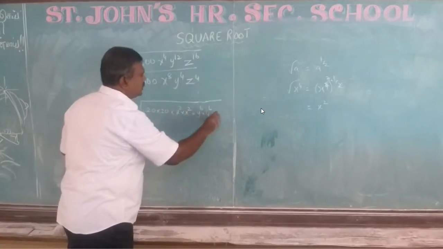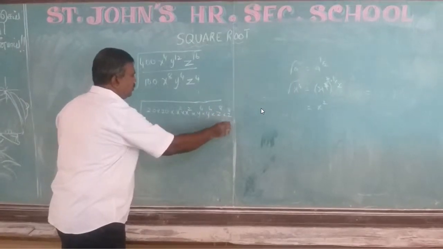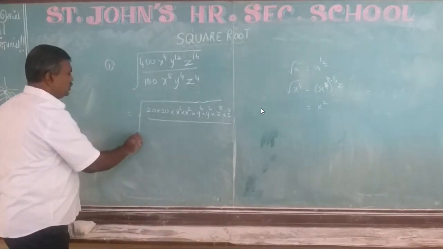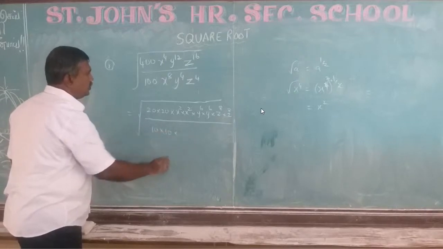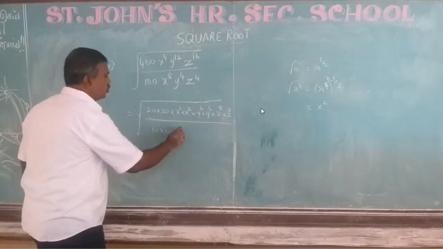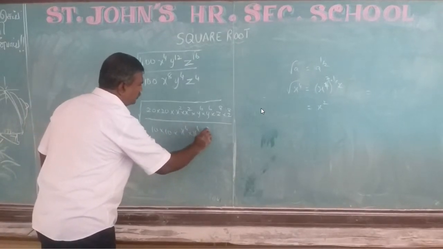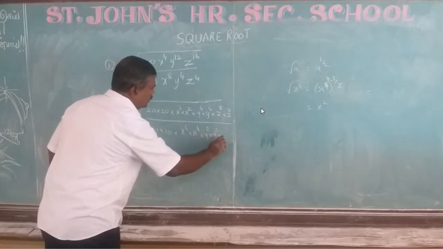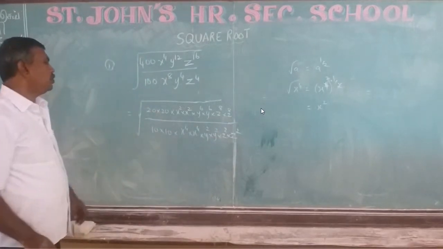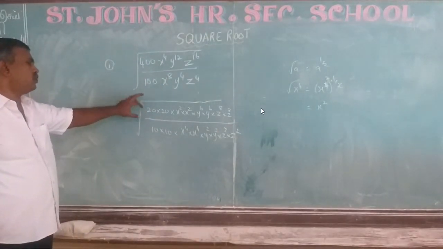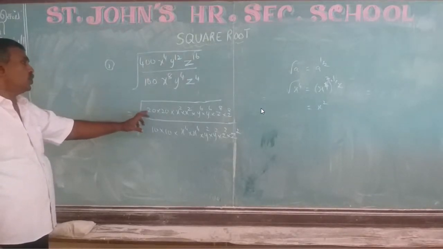Z power 16 is z power 8 into z power 8 divided by 100. 100 is 10 into 10. X power 8, x power 4 into x power 4 into y squared into y squared into z squared into z squared. So now we take square root of 20 into 20.